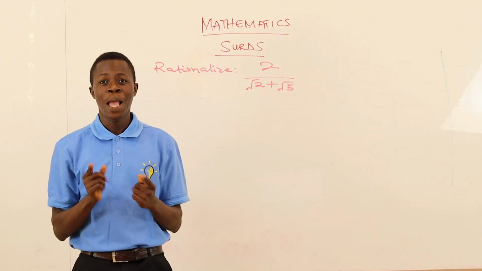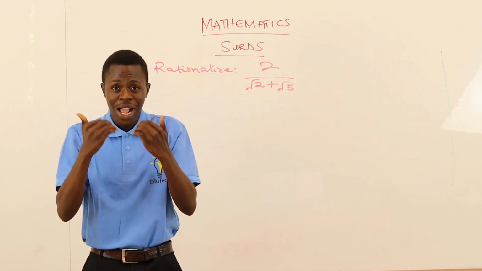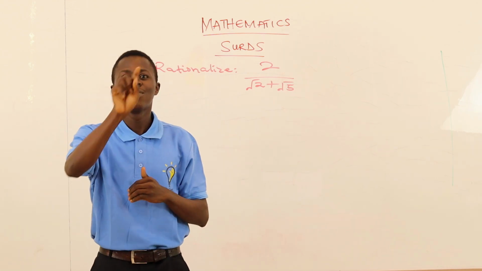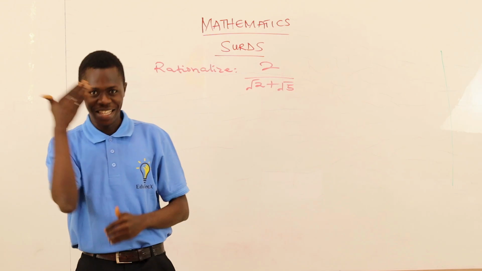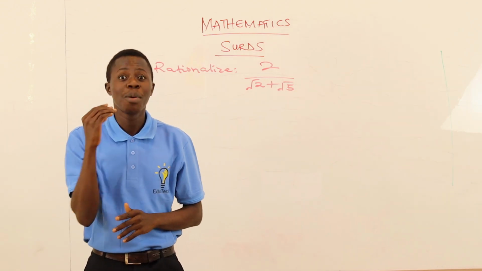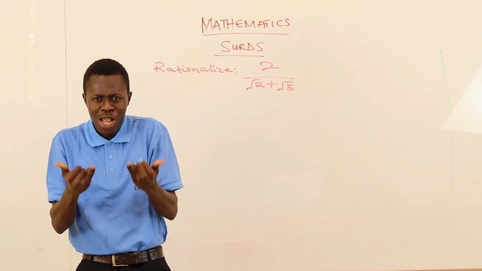Yes, it's very true. It's different because in this particular example, we have two surds as our denominator. But in the previous lesson, it was only one.